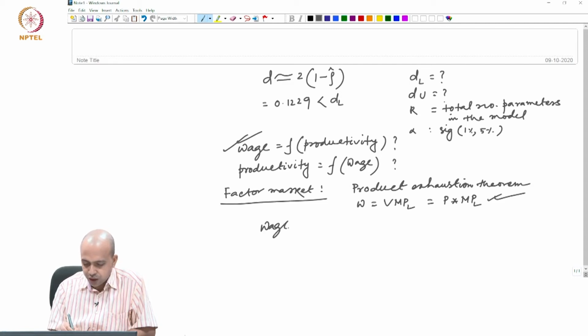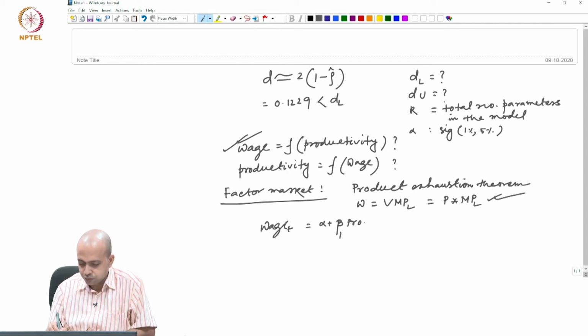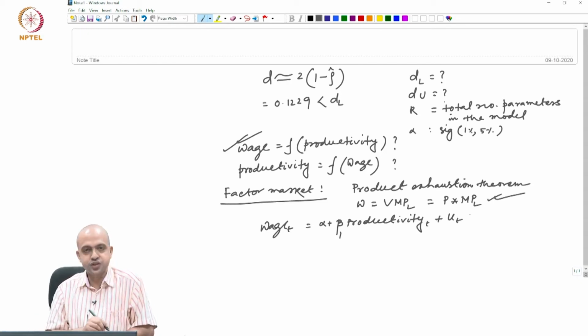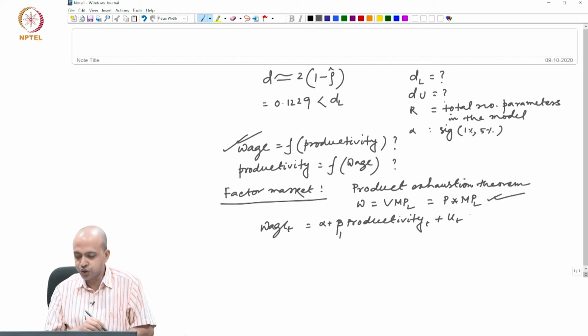Wage of the t-th period equals alpha plus beta 1 productivity plus u_t. This is the model we are going to estimate, and after estimation we will see whether there is an autocorrelation problem in this data set. That means whether this u_t is correlated with u_t minus 1 or not.